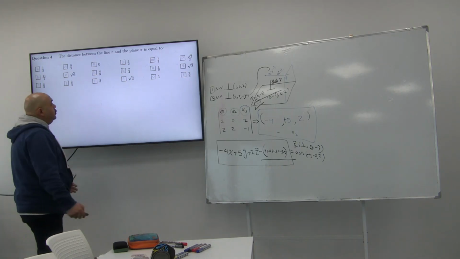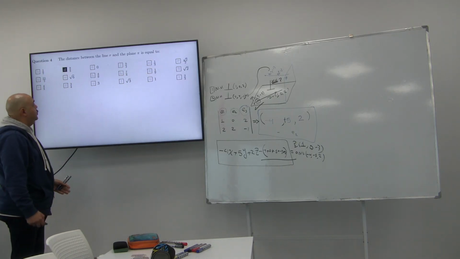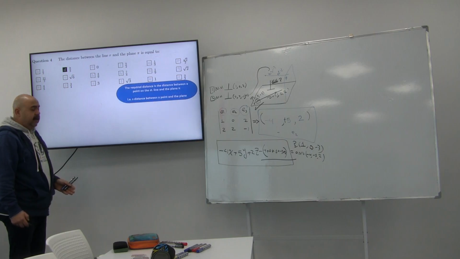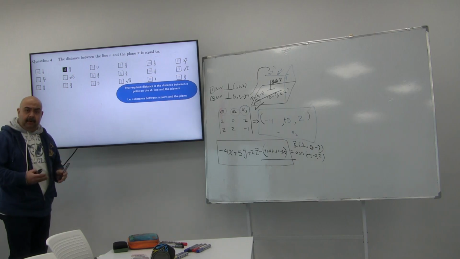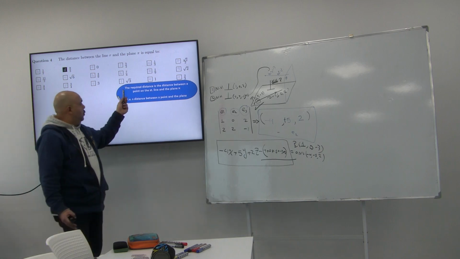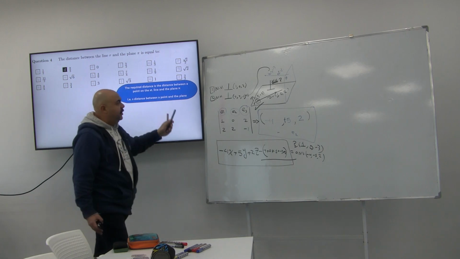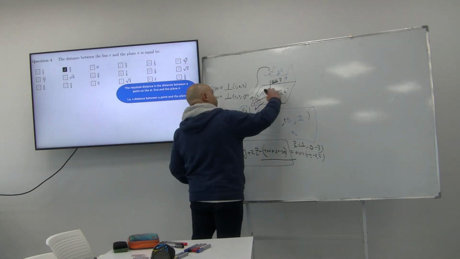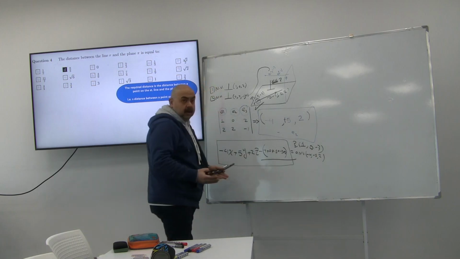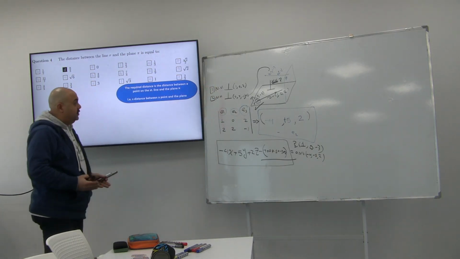This is very, very simple to do, because all I have to do is to replace this problem with a distance between a point and a plane. So the required distance is the distance between a point on the straight line and the plane. I need to find the distance between this straight line and the pi, which is perpendicular to the plane that contains R.